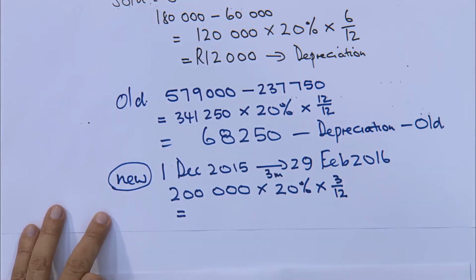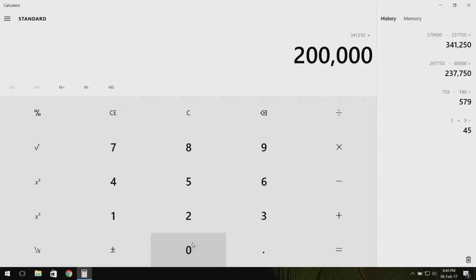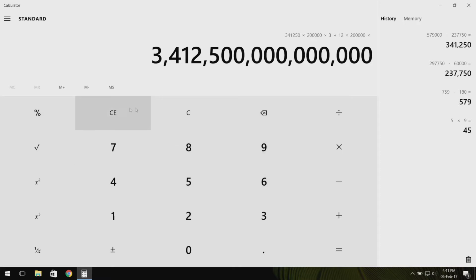The accumulated belongs to the older vehicles and not to the new vehicle. So just for that calculation, it's going to be 200,000 times 3 divided by 12 times 20%. Oops, so that will be 200,000, I didn't clear.